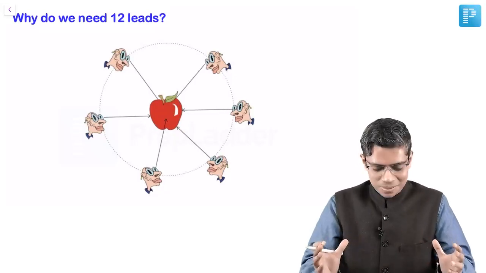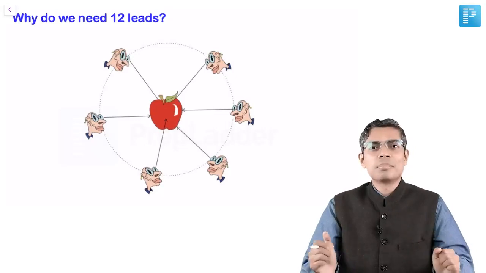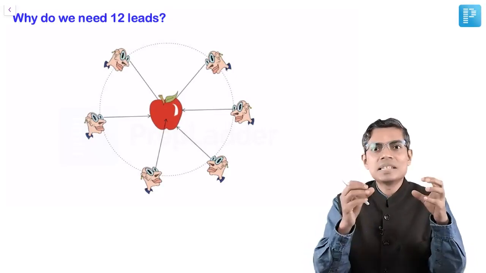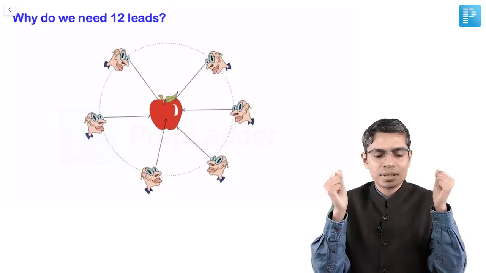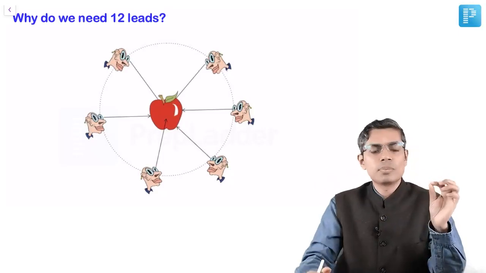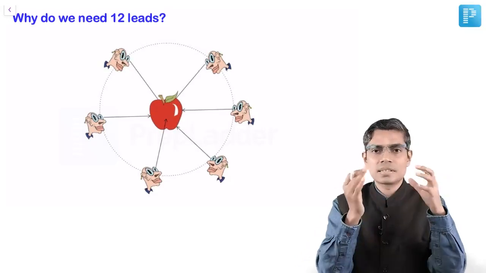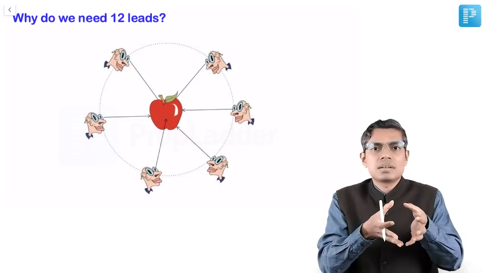If you want to know whether the apple is good or bad, whether there is any damage in any part of the apple, then you have to look at all the surfaces of the apple, right? If there is a small portion which is damaged or not, you have to look from all the surfaces. In the same way, the heart is a three-dimensional structure.